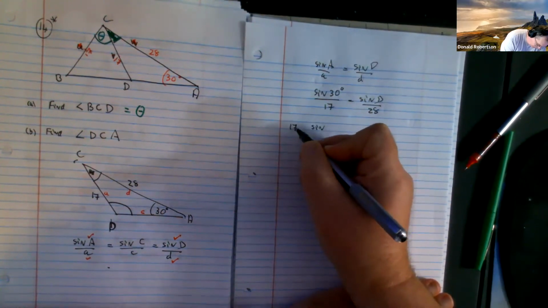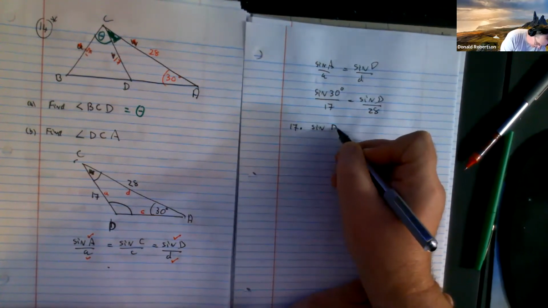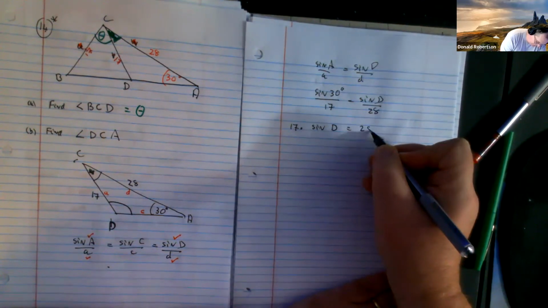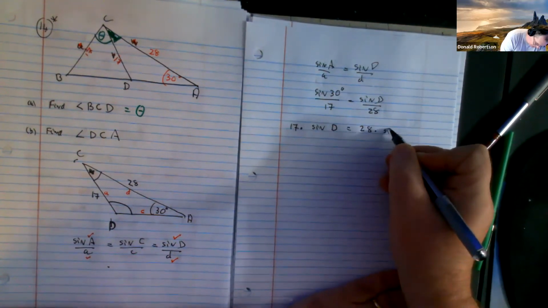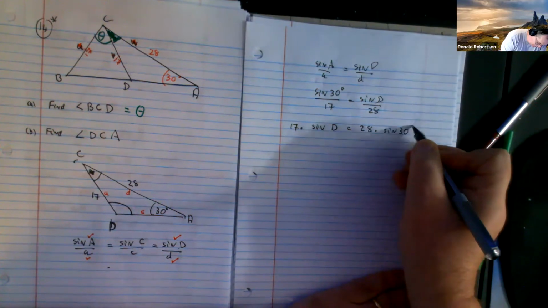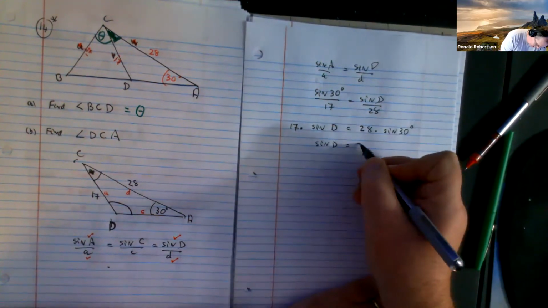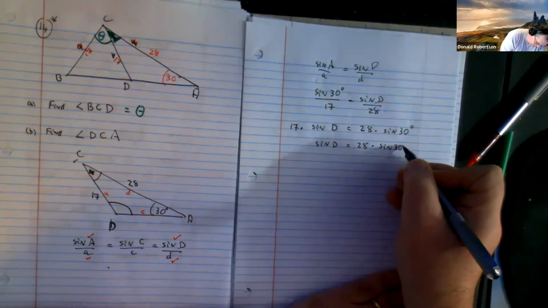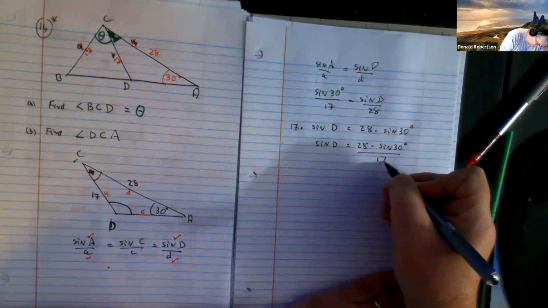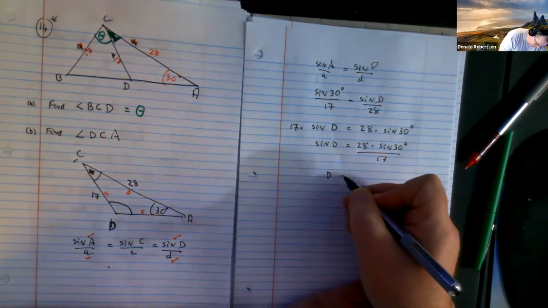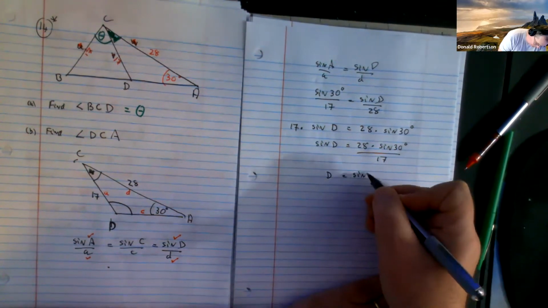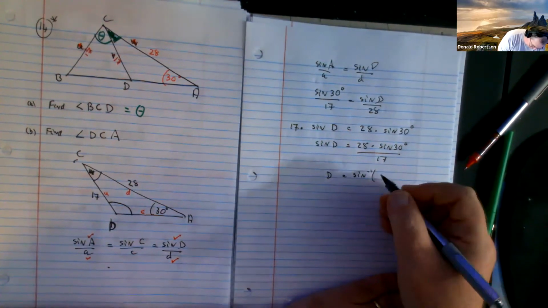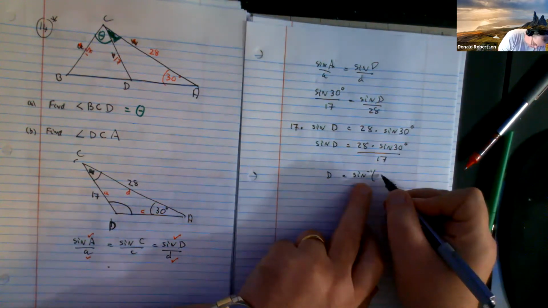That's sine of 30 degrees over 17 and sine D over 28. Cross multiply: sine of D equals 28 times the sine of 30 degrees. Divide both sides by 17. And then to find the angle D, all we need to do is find the inverse sine of this.